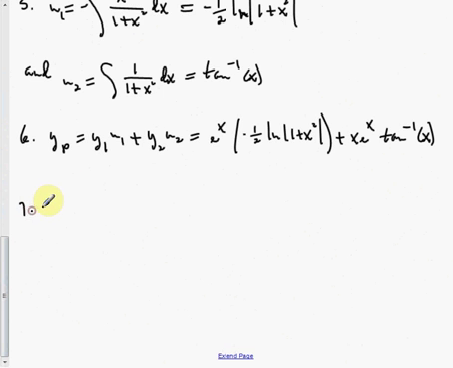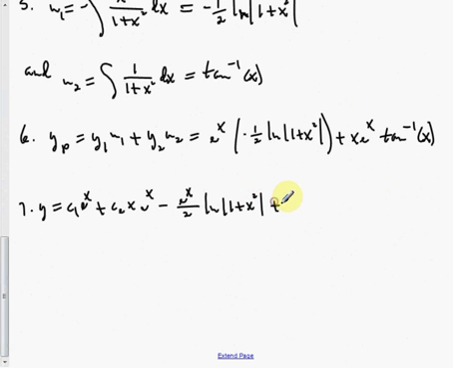So number 7, y is equal to c sub 1 times e to the x plus c sub 2 times x times e to the x minus e to the x over 2 times the natural log of 1 plus x squared plus x times e to the x times tan inverse of x.